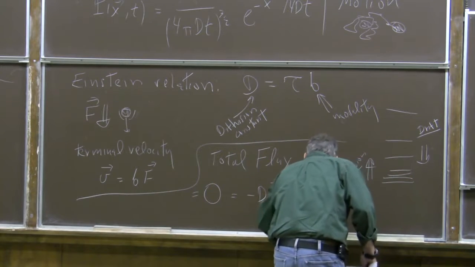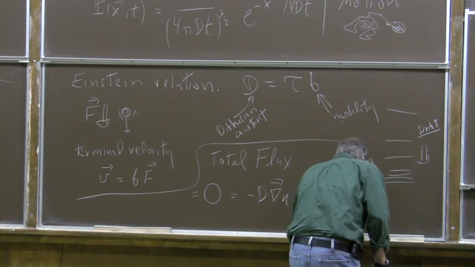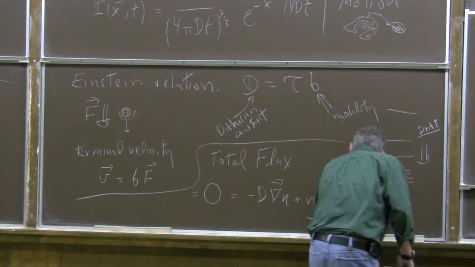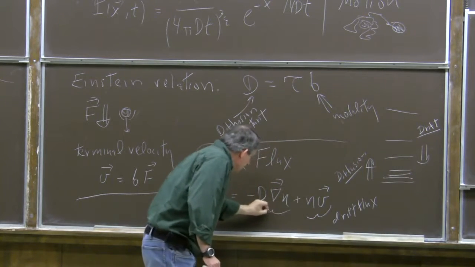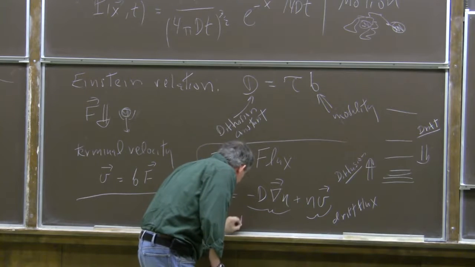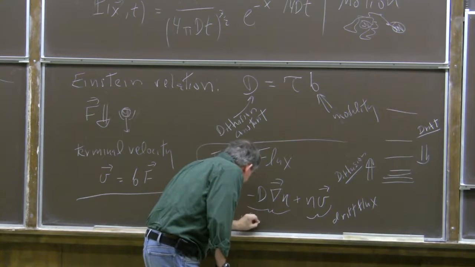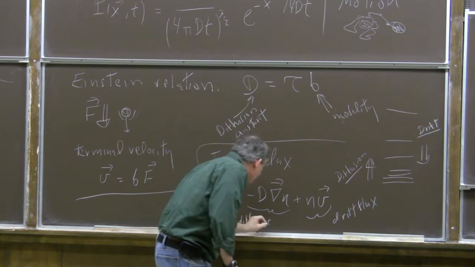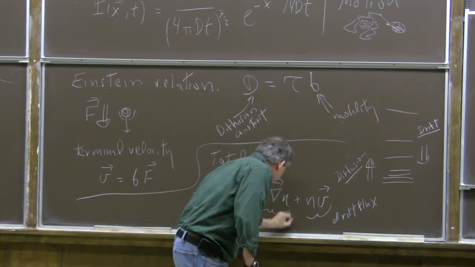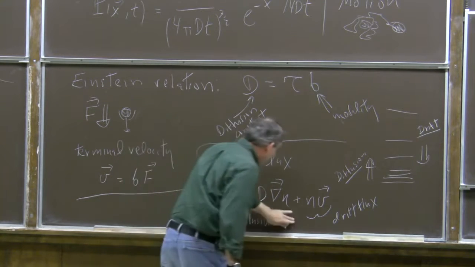So this is, if you like, the drift flux. And this is the diffusive flux. Once we reach an equilibrium situation, they add up to 0, they're equal and opposite.